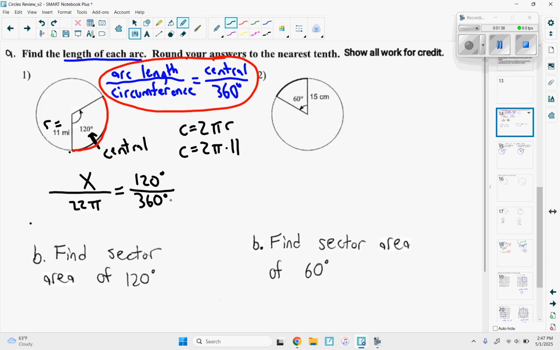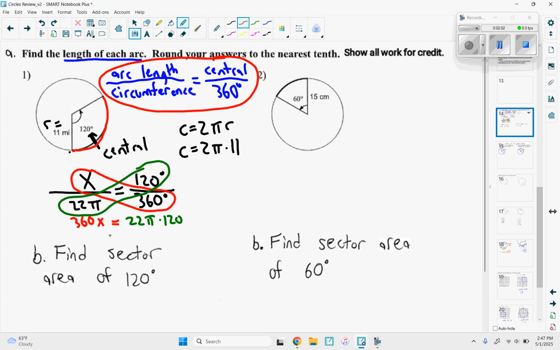Now we're going to go ahead and solve this proportion. So again, we can cross multiply. We get 360x equals, and then on the other side, 22 pi times 120.